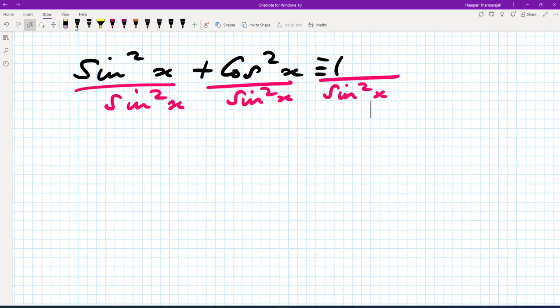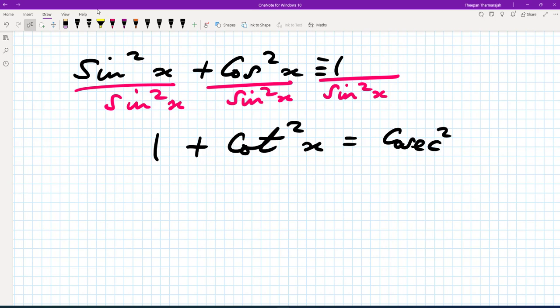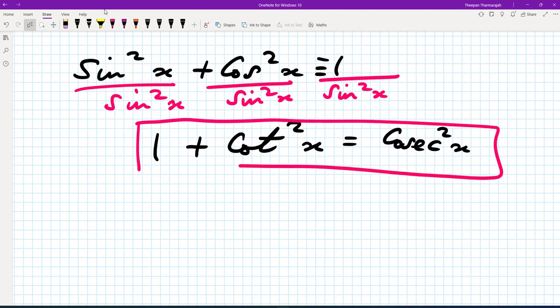Now what we're going to get is 1 plus cot squared x is equal to cosec squared x, which is another well-known trig identity that you need to know at A level.